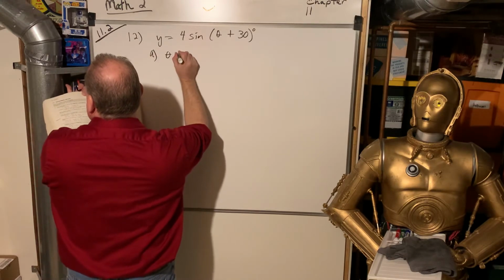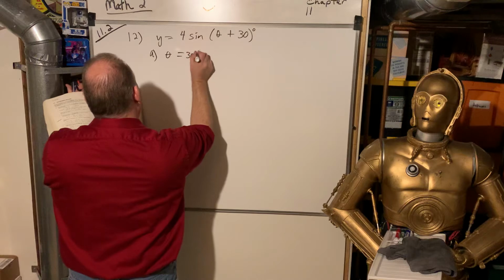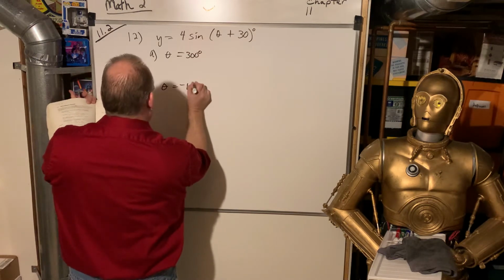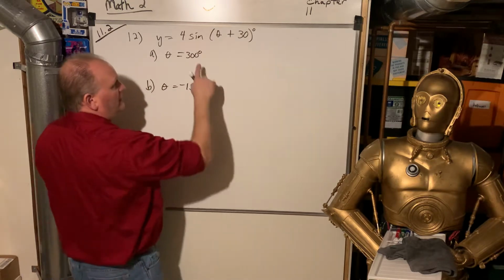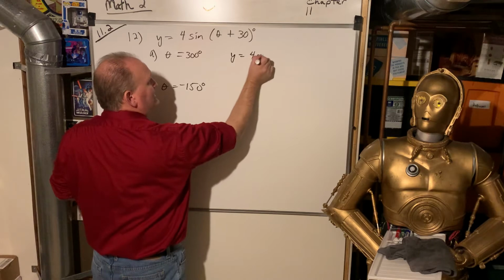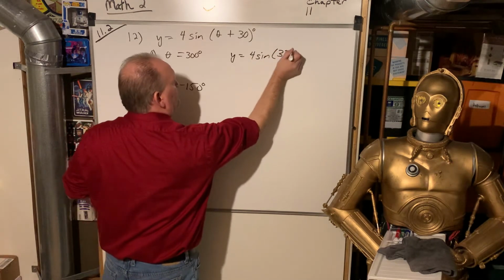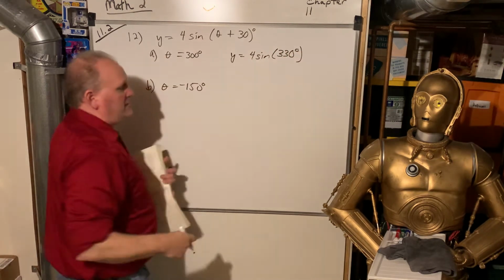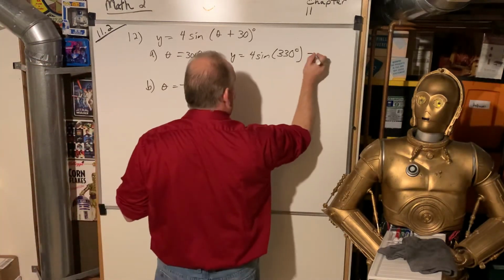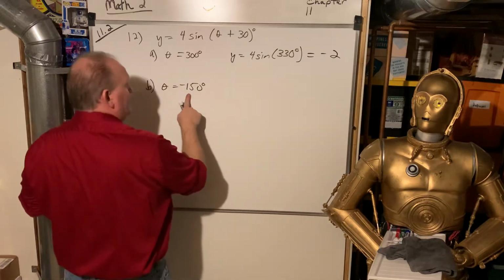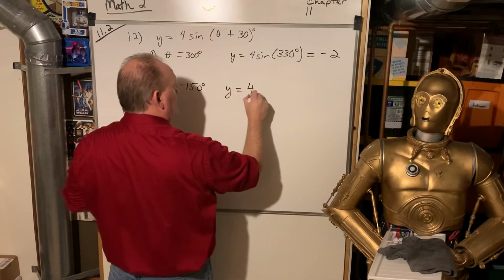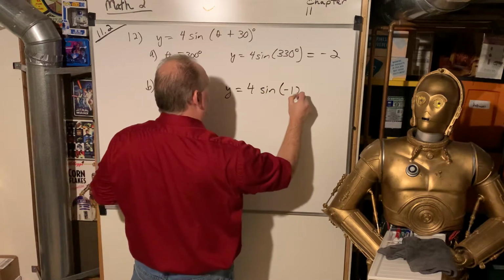And let's take a look at what happens. They said if theta is equal to 300 degrees, what do we end up with? And if theta is equal to negative 150, what do we end up with? Well, 300 is going to become this, y equals 4 sine of 330. And you pop that in your calculator, and it'll kick out a negative 2 for you. And negative 150 plus 30 becomes negative 120, for sine of negative 120.